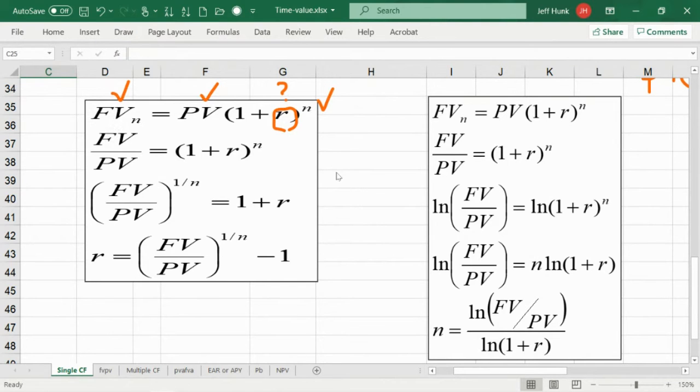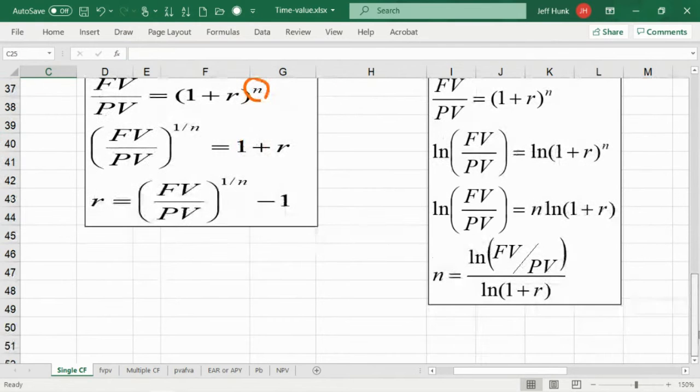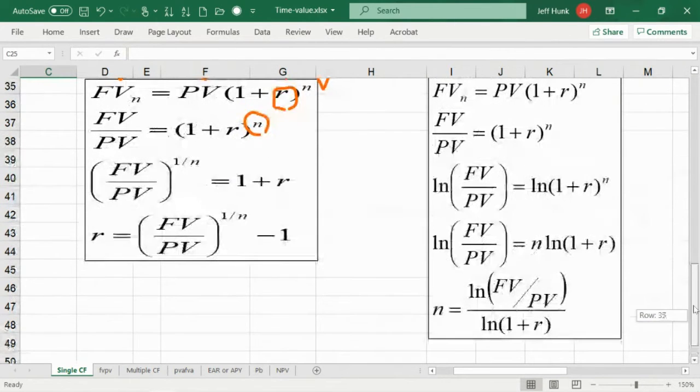First of all, there's no way you can isolate just r because, say, suppose n is 1, right, then it is easy. Think about it.